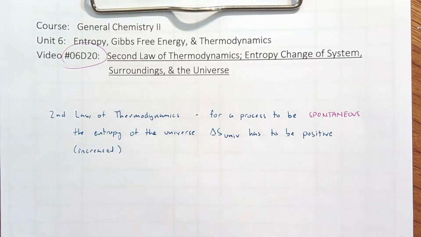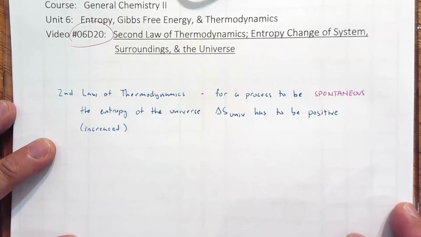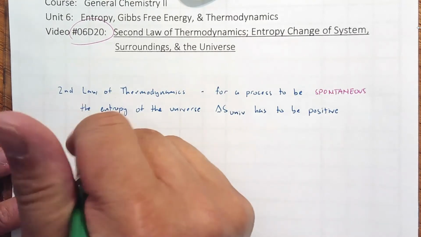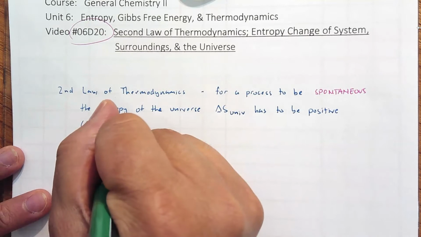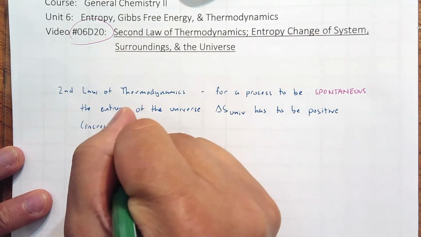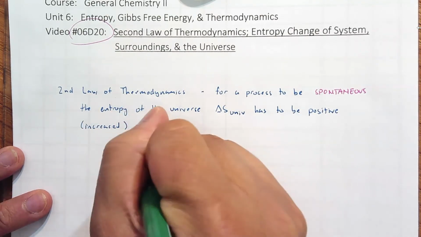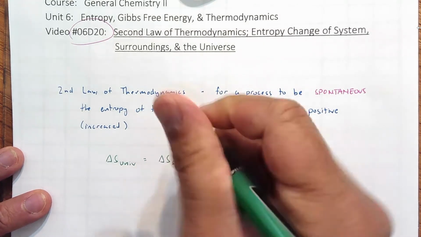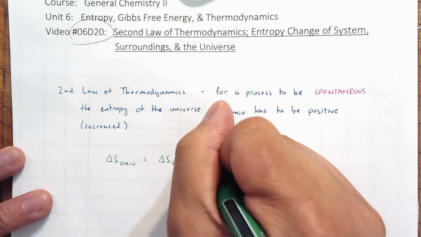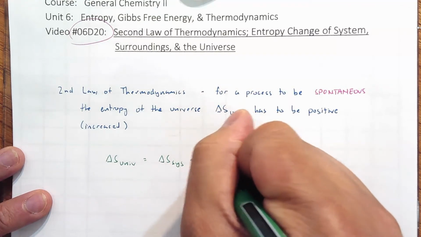Okay, what is this delta S of the universe? Very simply, it's the surroundings and the system. Delta S universe equals the delta S of the system plus the delta S of the surroundings.